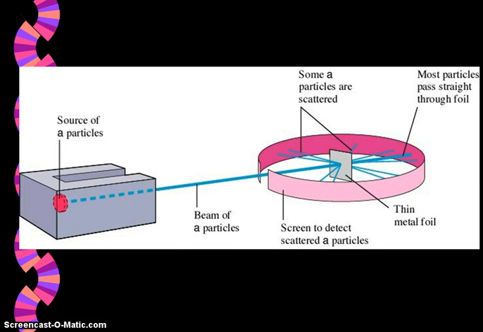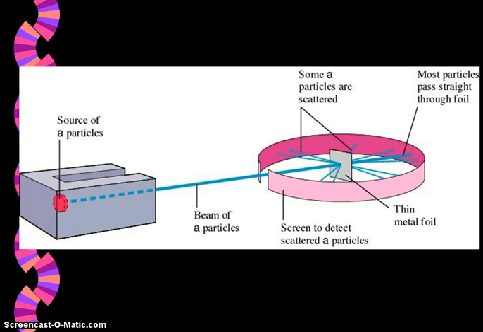So let's take a look at what Ernest Rutherford's lab looked like. Over on the left-hand side, we have an alpha particle generator. And over on the right-hand side, we have a thin piece of gold foil surrounded by a screen that can detect alpha particles.